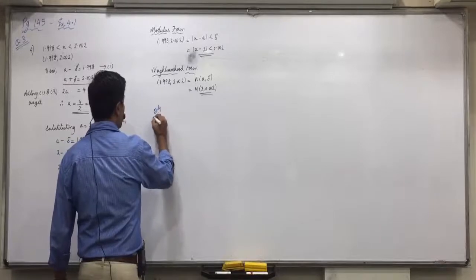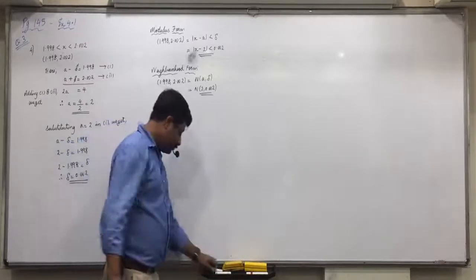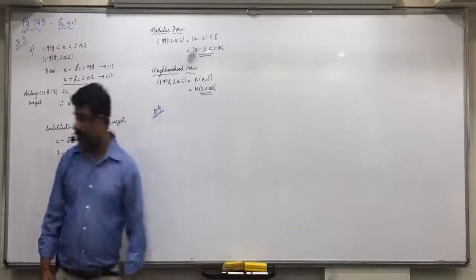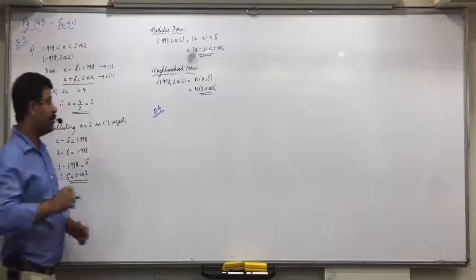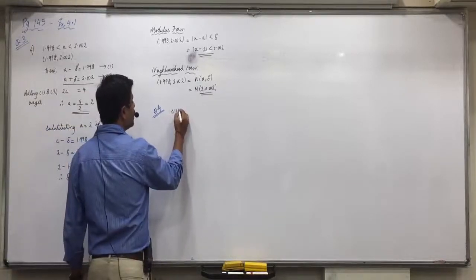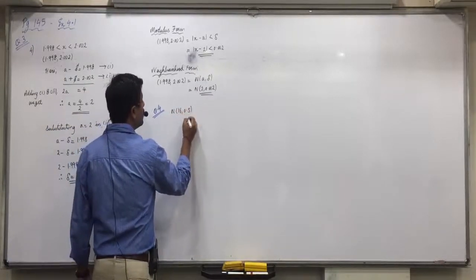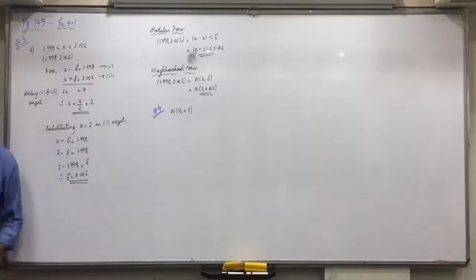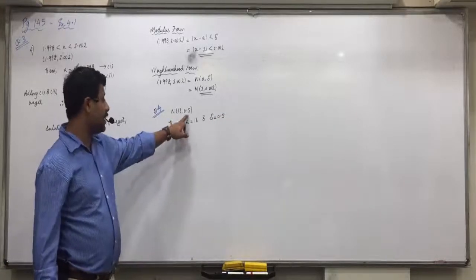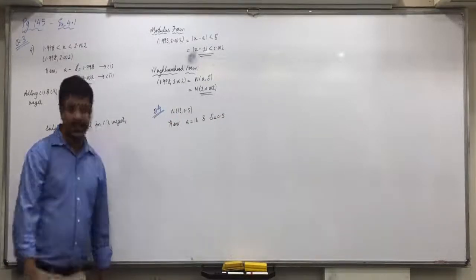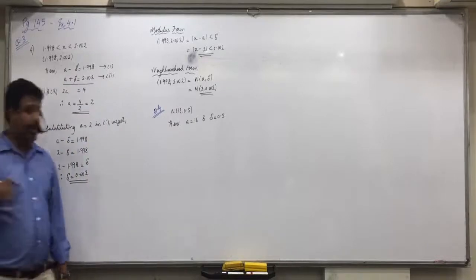Now look at question 4. Express N of 16, 0.5 in interval form and modulus form. This is a neighborhood form, so a is 16 and delta is 0.5. Now which is the first form asked? Interval.